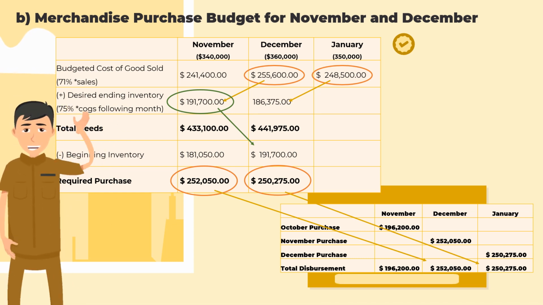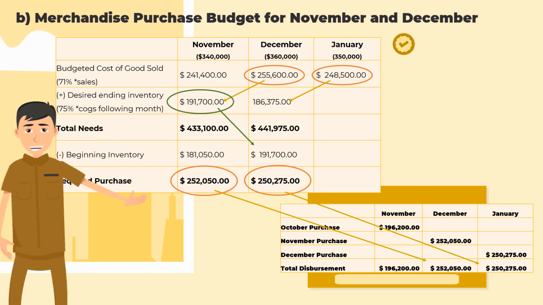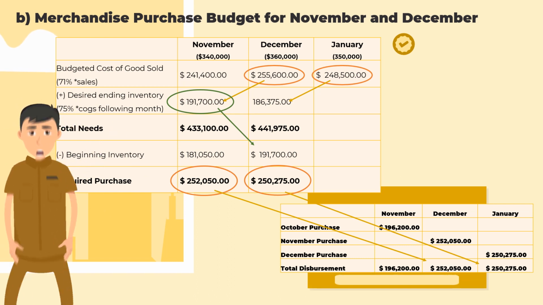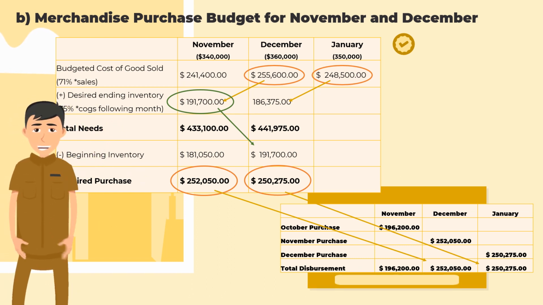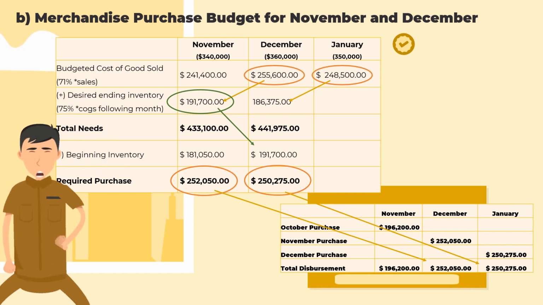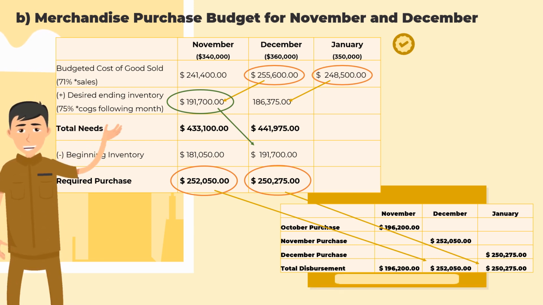So we total up for November and December, and we get the total needed, which for November is 430,100 and for December is 141,975. And after that, we calculate the beginning inventory, which is 181,050. We can get it from the merchandise inventory of 31 October, which is from the balance sheet.